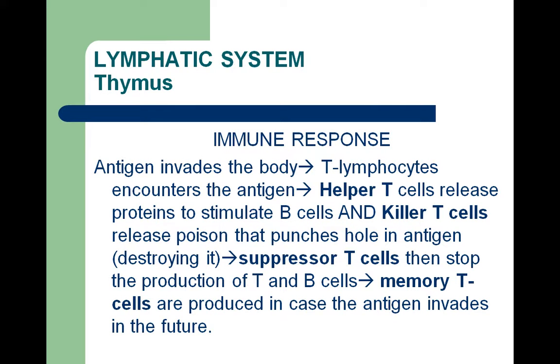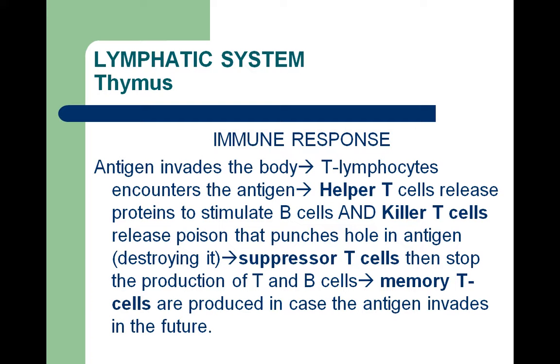The helper Ts then release proteins that will do several things. First, it will make clones of the T cells itself. So the helper cell sort of raises the alarm, and in raising the alarm, it starts the production of other types of T cells. We know that there are at least 4 types of T cells, and each has a specific function.